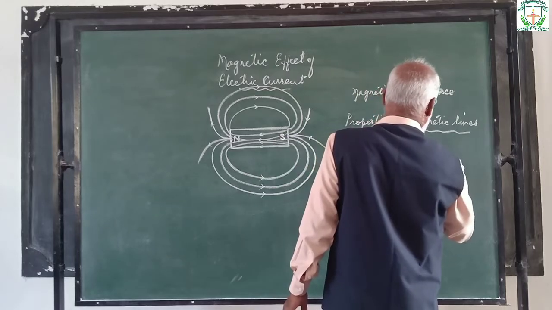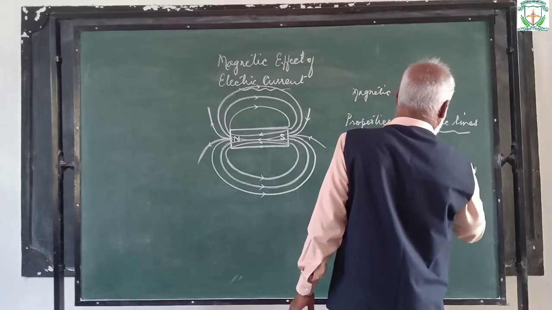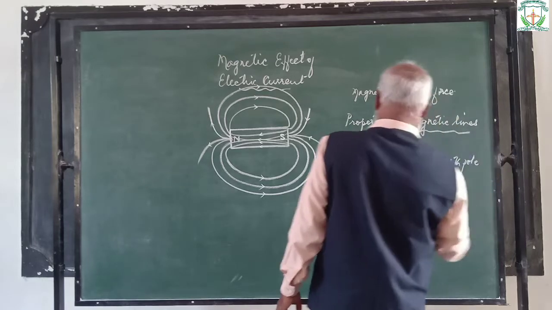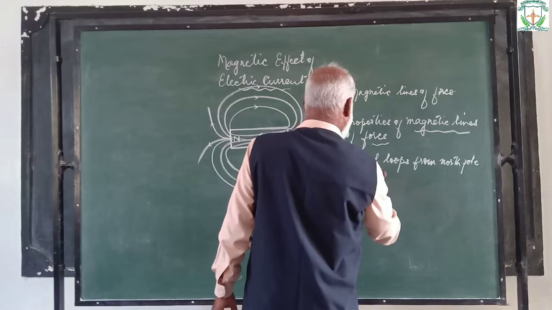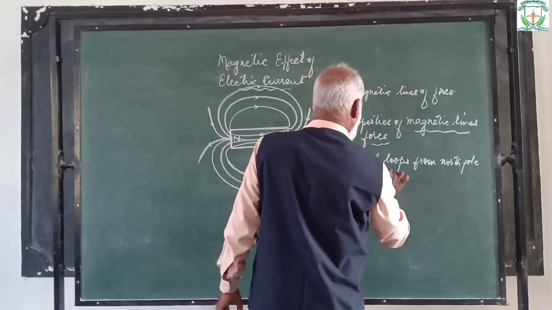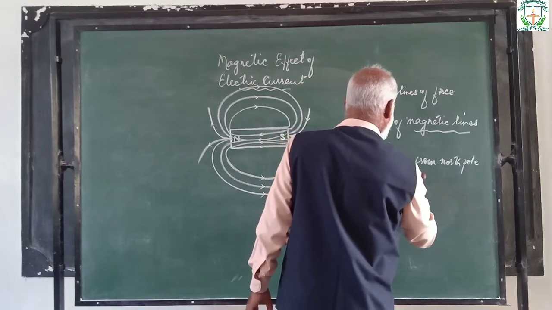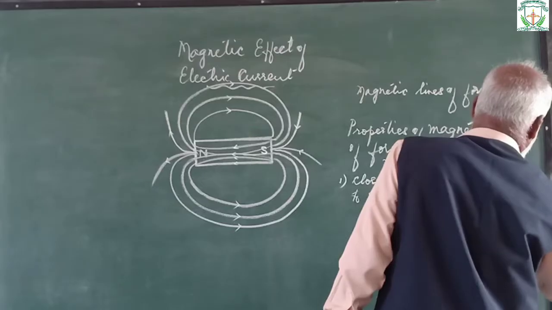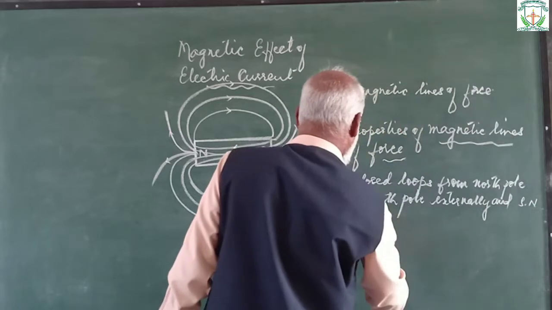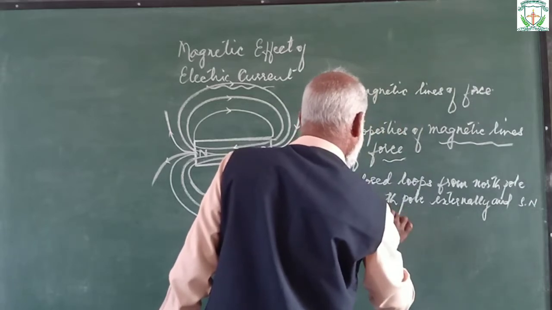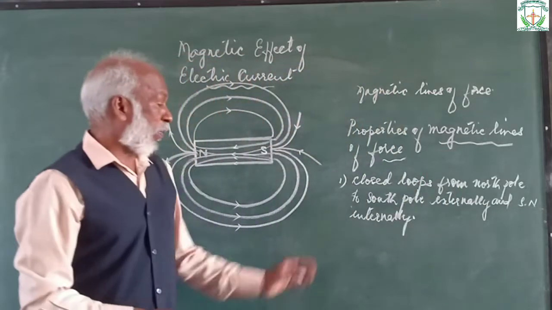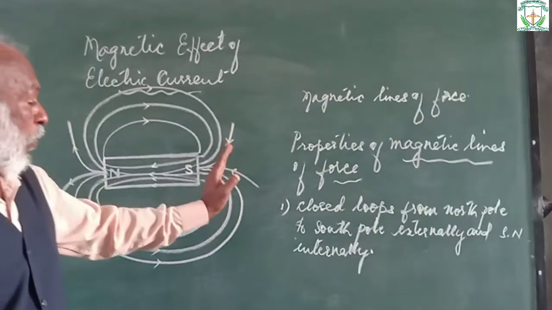from north pole to south pole externally, and south pole to north pole internally. This is one of the properties of magnetic lines of force.